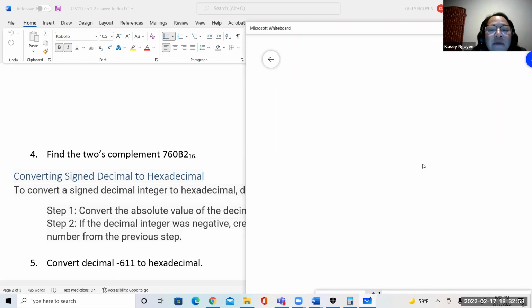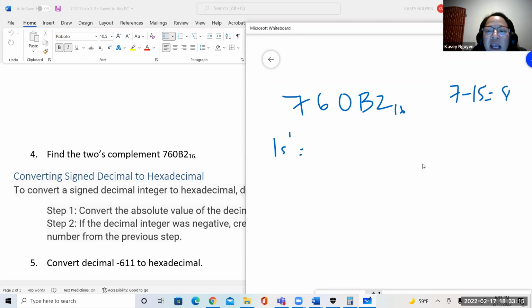So for 4, we're gonna do 7, 6, 0, B2, and this is base 16. We're gonna find the ones complement. So we simply gonna take 7 minus 15. It's gonna give us 8. Then 6 minus 15 is gonna give us 9.